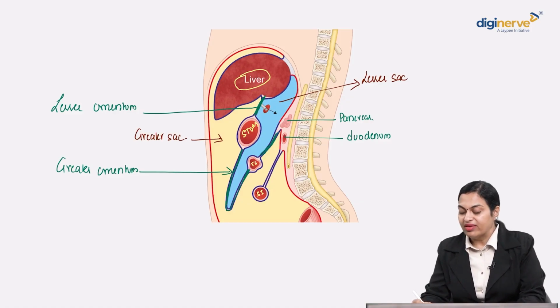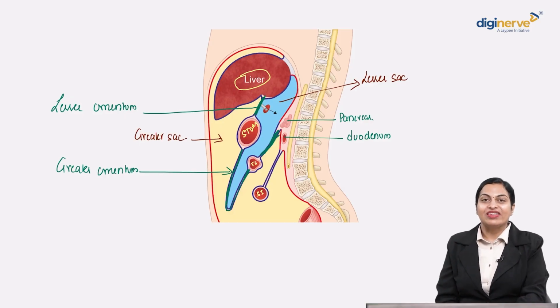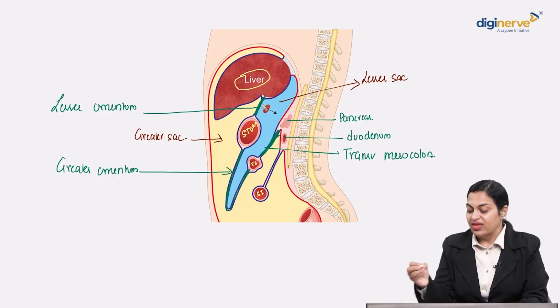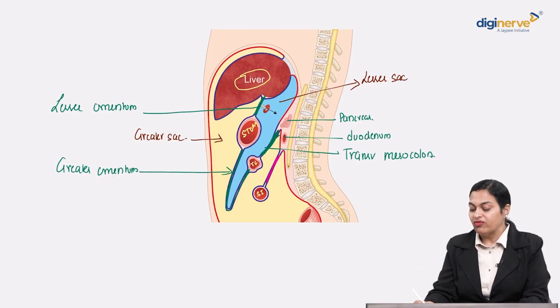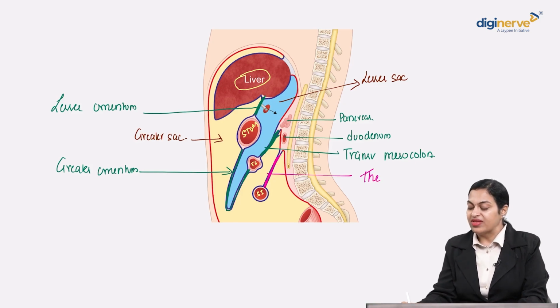This one anchoring the transverse colon to the posterior abdominal wall, extending to the anterior border of the body of the pancreas, the transverse mesocolon. And this peritoneal fold holding the small intestinal loops, the mesentery. Right?